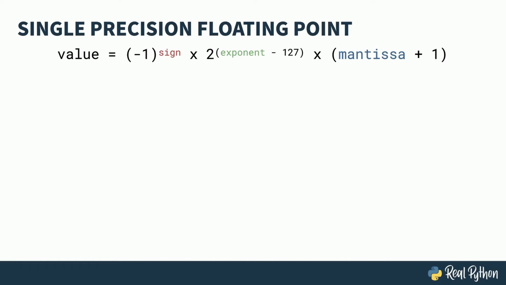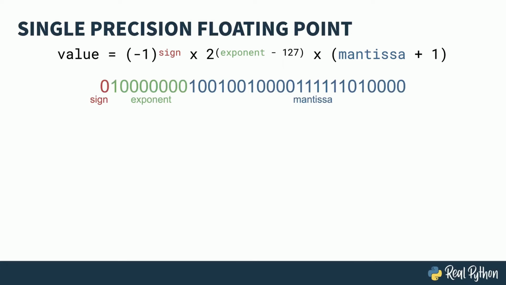All that stuff on the previous slide breaks down into this formula. The value the binary digits represent is minus 1 to the power of the sign bit, times 2 to the power of the biased exponent, times the mantissa plus 1. Consider this long mess: 0 for the sign, 128 for the raw exponent, and a whole bunch of digits for the raw mantissa.